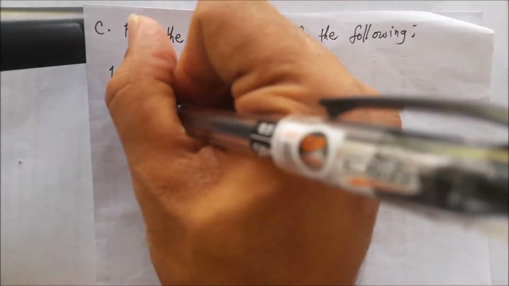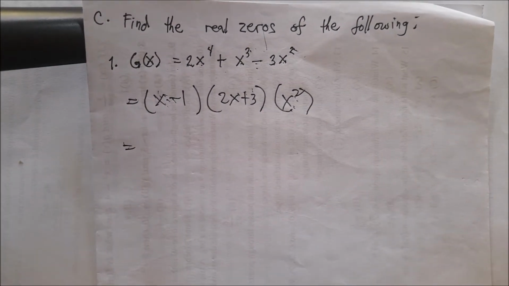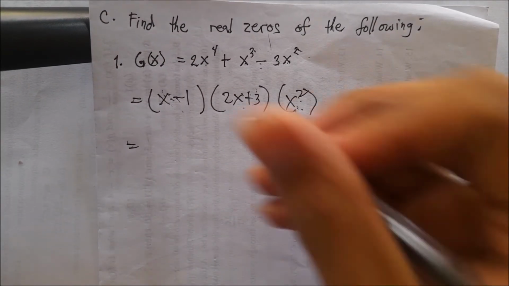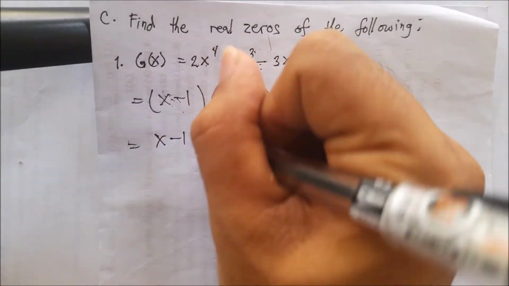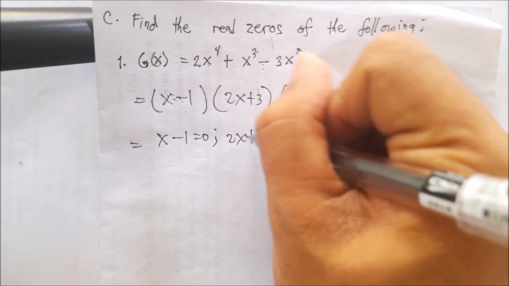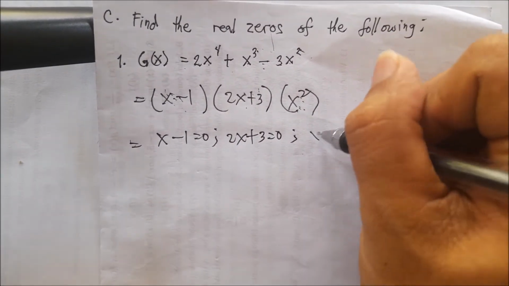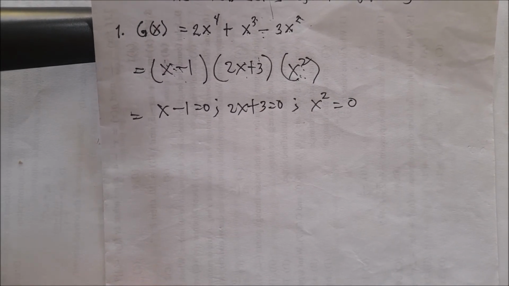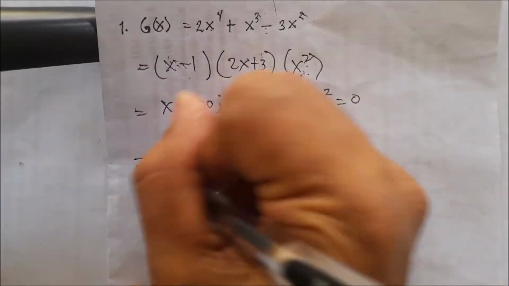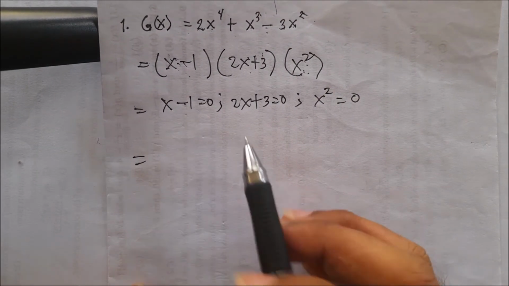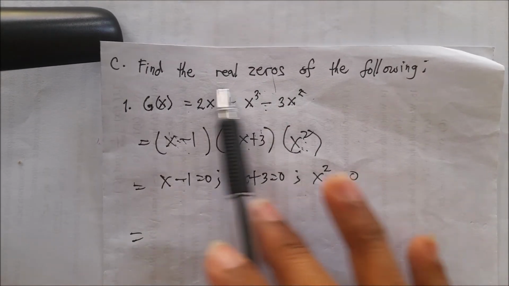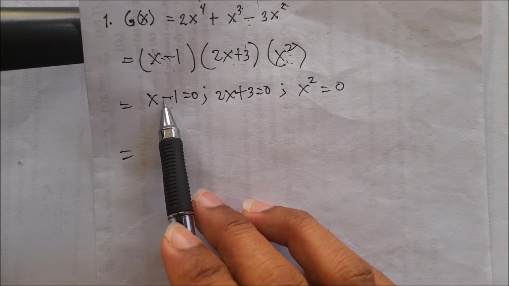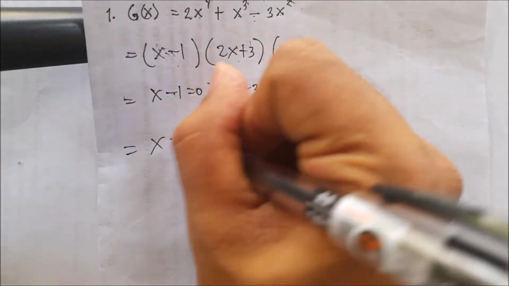Then after determining the factors, equate each to 0. Everything inside the parentheses, you need to equate to 0. So x minus 1 equals 0, 2x plus 3 equals 0, and x raised to 2 equals 0. Then find the real zeros by transposing negative 1: x equals positive 1.